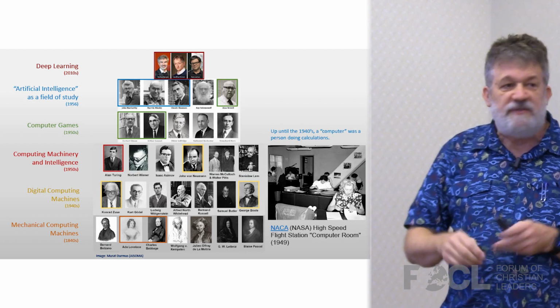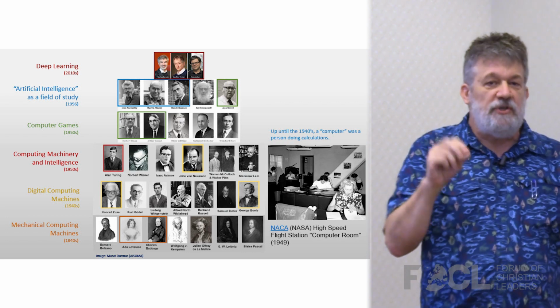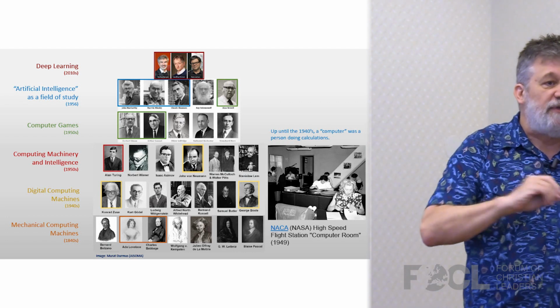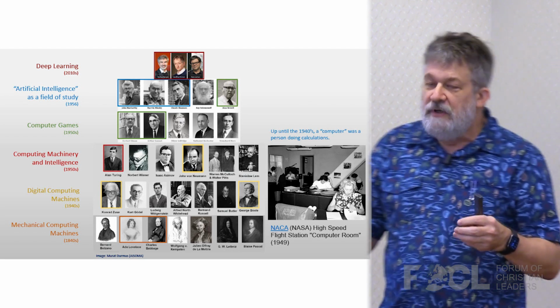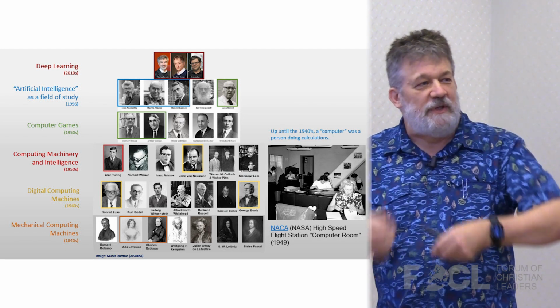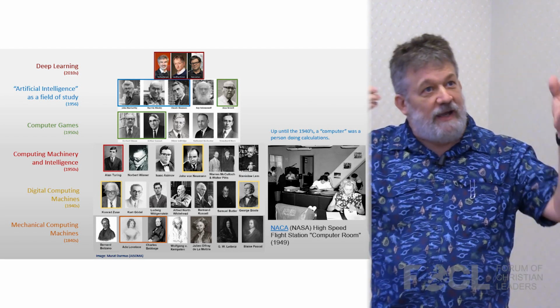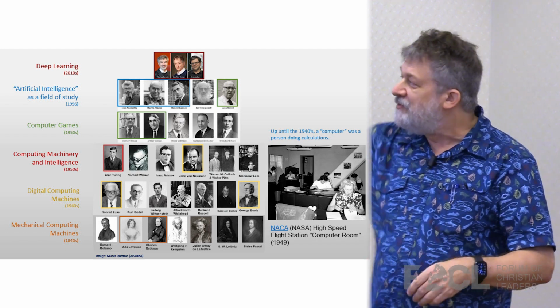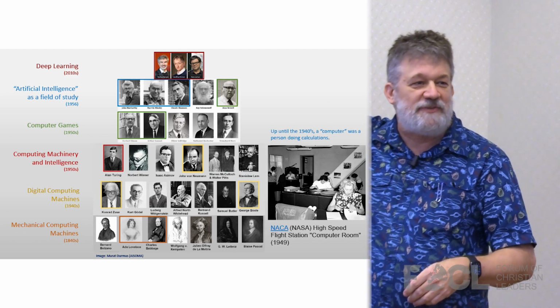Back in the 1940s, a computer was a human that sat at a desk and did calculations. And so, we're maybe coming full circle with people talking about, is an AI as smart as a human? While those computers right there in that picture are way smarter than any AI, those people.